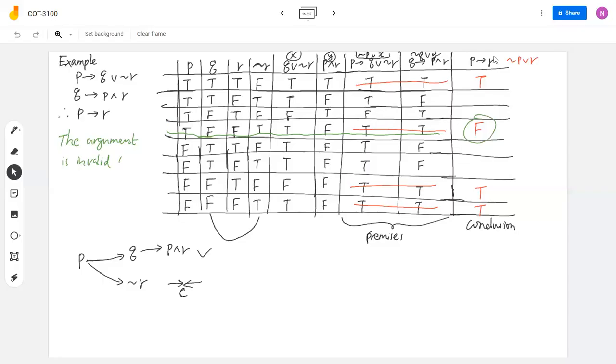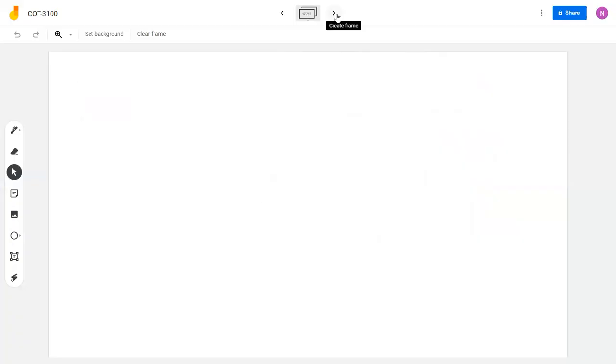Okay, let's move to the next page. Let's look at some important argument forms. These forms are very important and have been developed for probably more than 2,000 years, because I think this argument form was developed in ancient Greece.